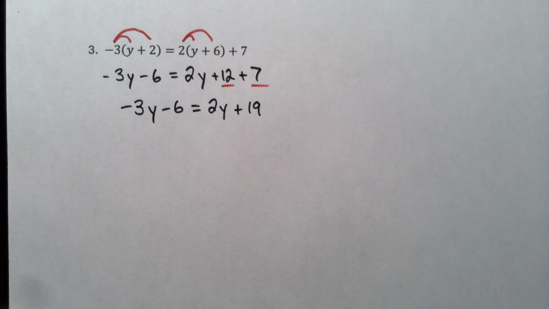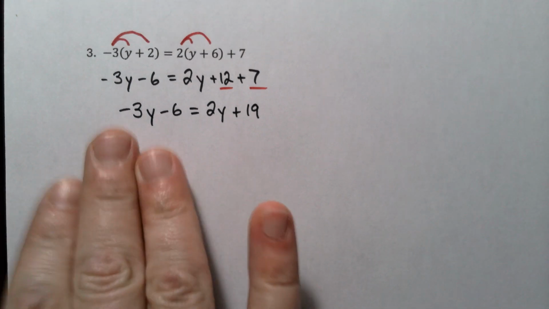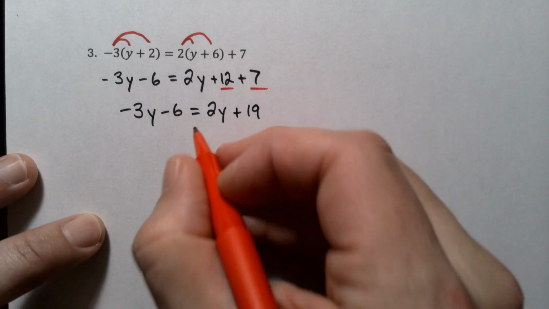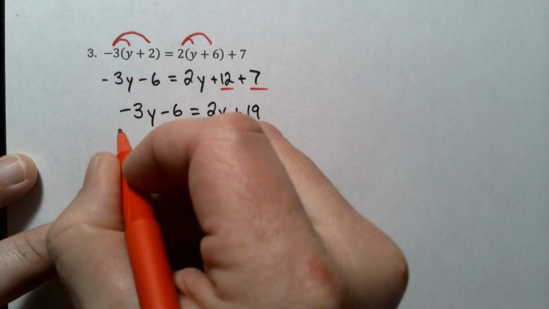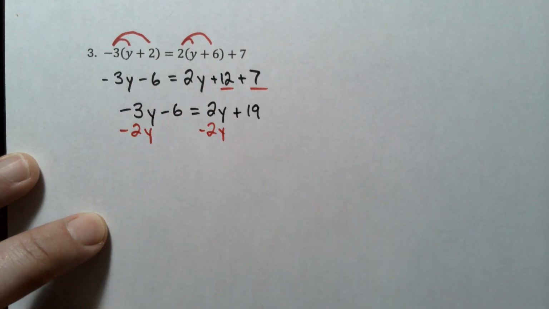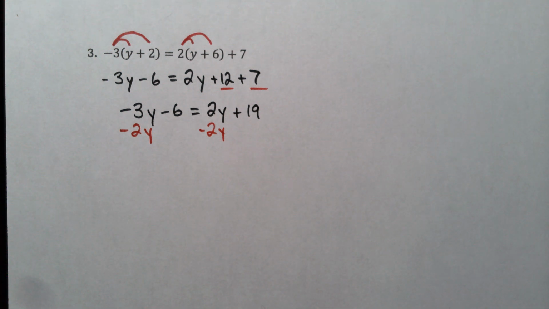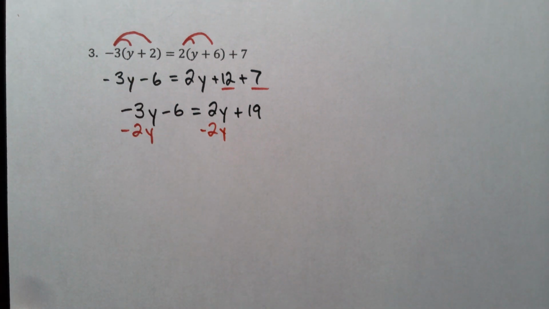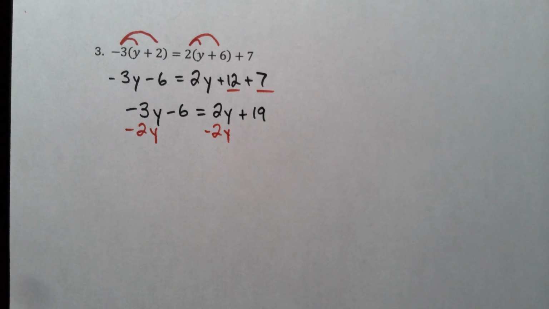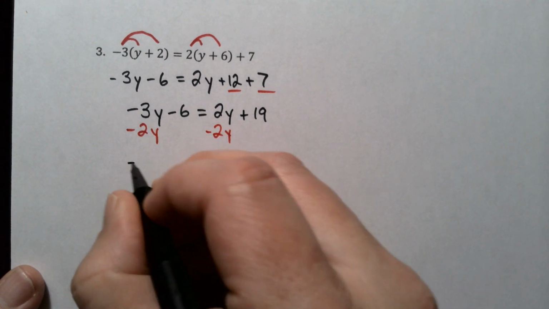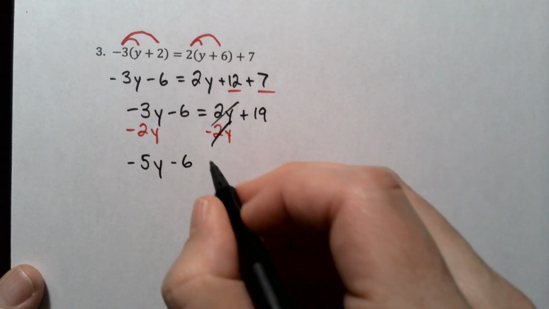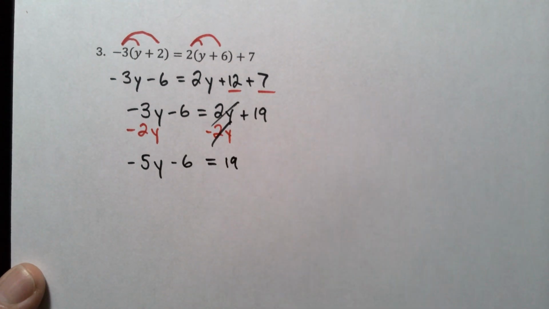Okay, so I'm going to choose a side for my y's. I usually try to put my variables over here to the left and my numbers to the right, so that's what I'll do here. So subtract 2y. Remember, if you have two negative numbers that are being combined together by addition, which is what's going on here, it's negative 3y and a negative 2y, then you add them up and keep the sign. So that would be a negative 5y minus 6. This cancels, equals 19.